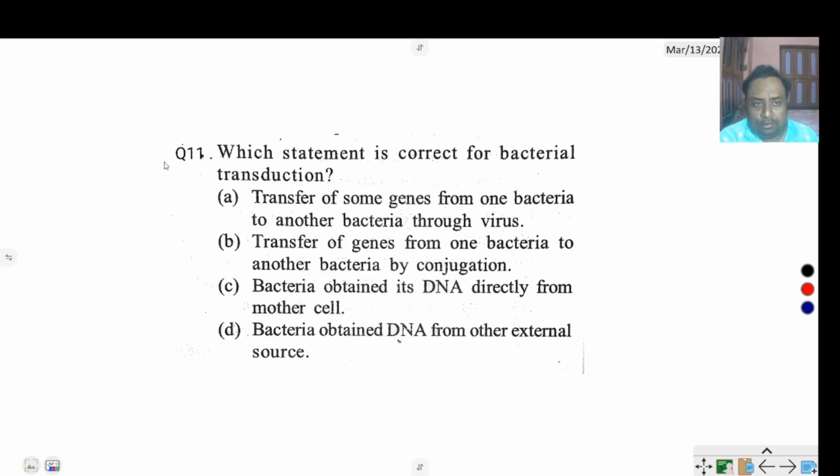Question number 11. Which statement is correct for bacterial transduction? So what is the meaning of transduction?